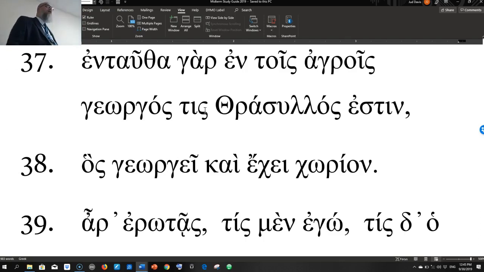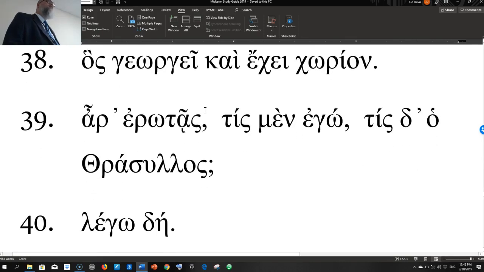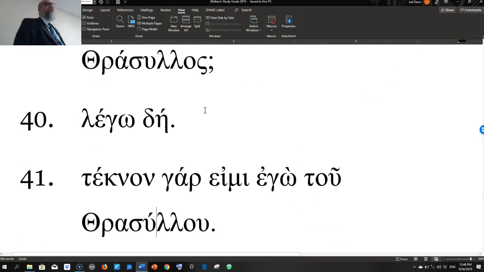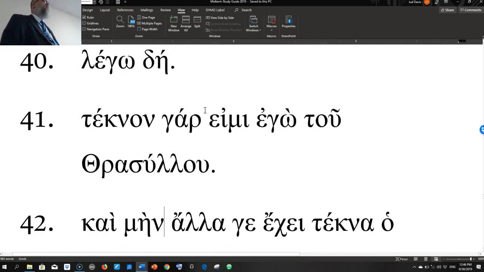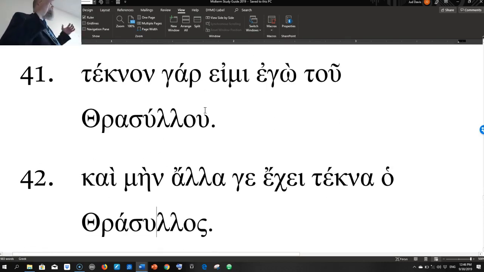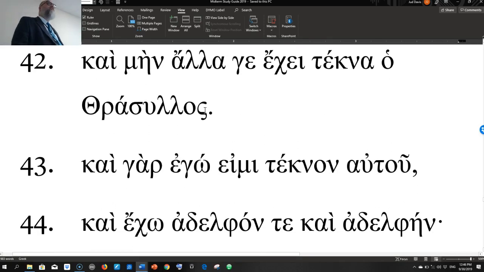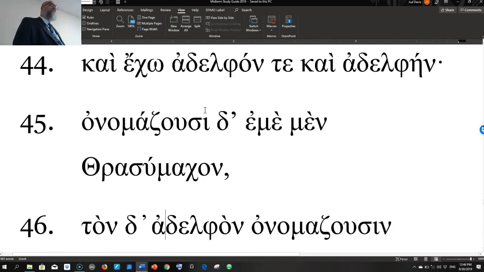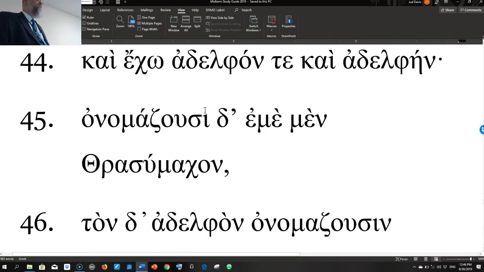Okay, so what does this say? They're in the fields. There's a certain farmer who farms and has corn. So you ask, on the one hand, who am I? On the other hand, who is Soslas? I am surely telling you. You guys are going to own this test. Okay. I am Crosslaws, and surely Crosslaws has other children. For I am also a child, and I have a brother.